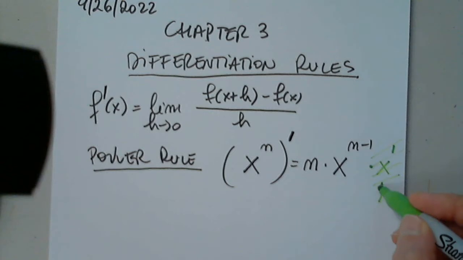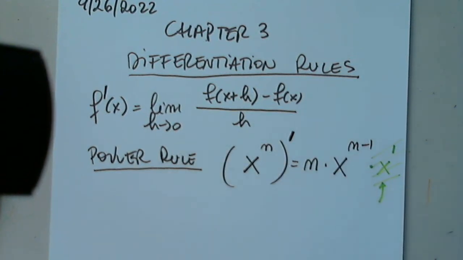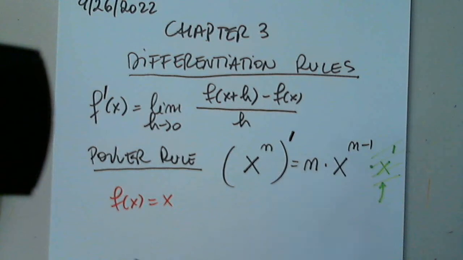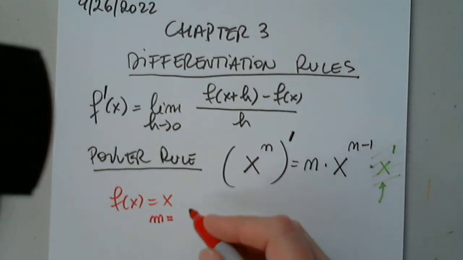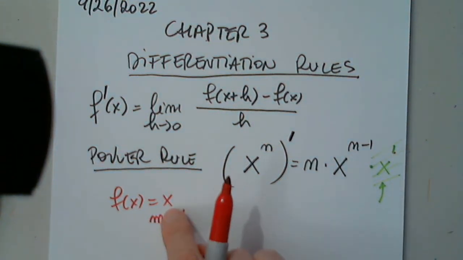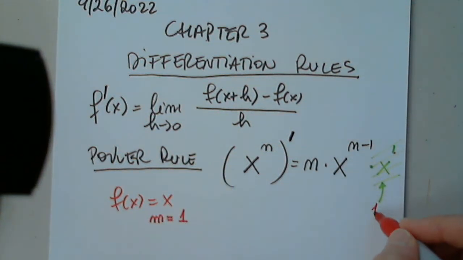Can anyone tell us what x prime equals? In other words, for a function f of x equals x, what is its slope? One. Exactly 1. That's why x prime, which is the slope of x, is 1.